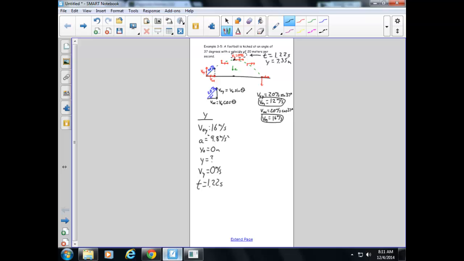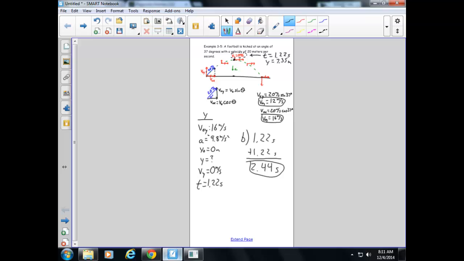In class, we'll look at some non-level surfaces, but for right now, for part B, we know that it's just the 1.22 seconds to go up, plus another 1.22 seconds to come back down, so 2.44 seconds of total flight.